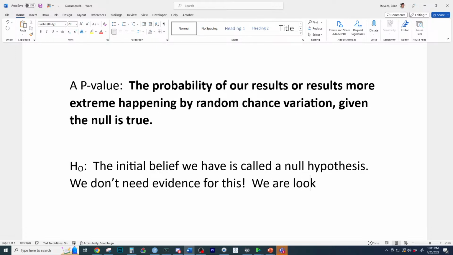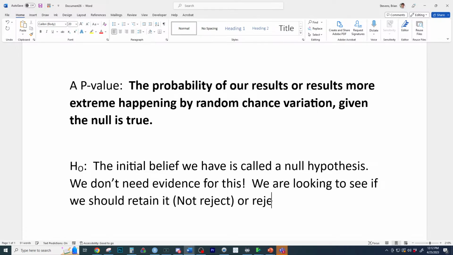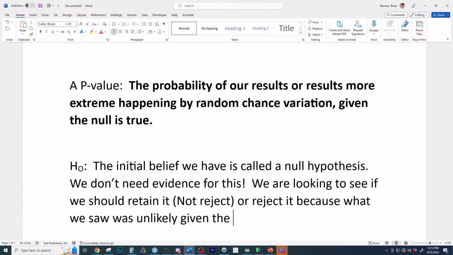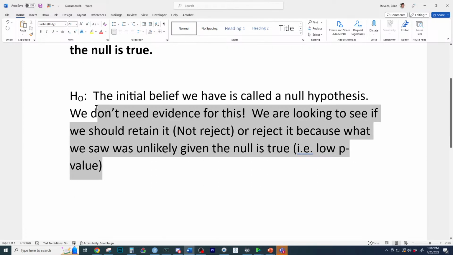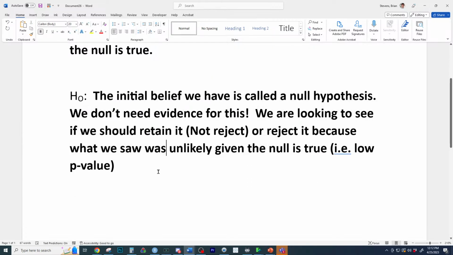We are looking to see if we should retain it, not reject, or reject it because what we saw was unlikely given the null is true, i.e. low p-value.